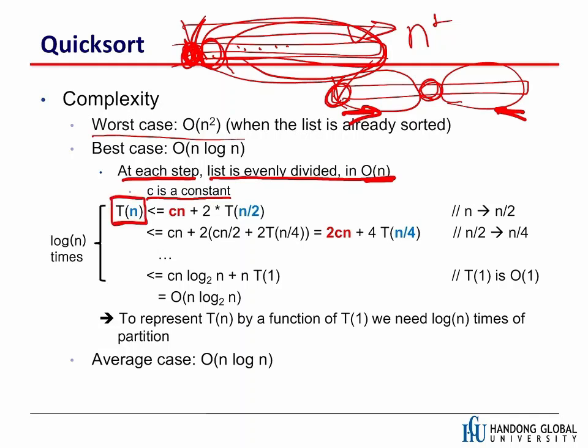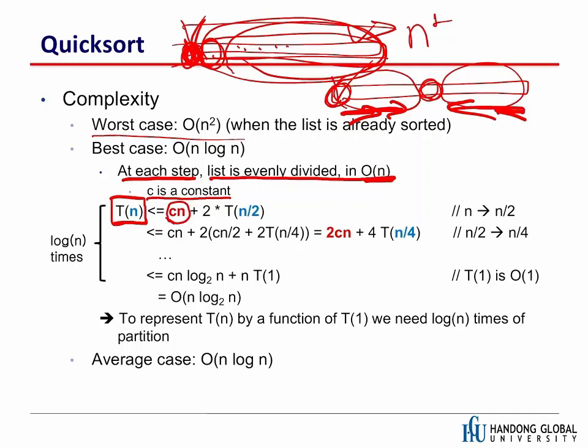That is T of n with n elements. After one partitioning, we need C times n. Sorry, it's not overhead. That's the time complexity that we need to arrange all the elements. Basically we need two indexes for these directions, so we have to check n-1 elements actually.